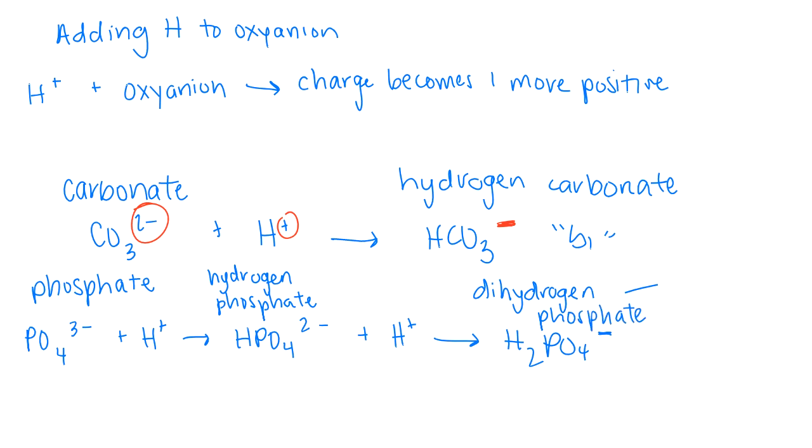Okay, so before we were looking at changing the number of oxygens but not the charge. Here we're looking at changing the charge but not the number of oxygens. So those are hydrogens with oxyanions.